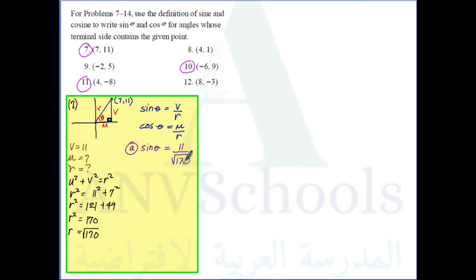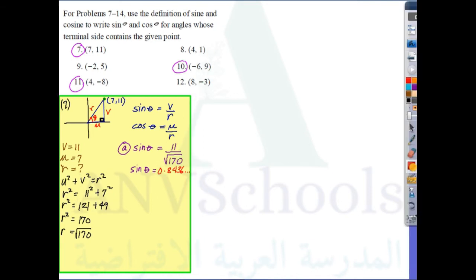So our sine theta would be 11 over the square root of 170. That will give us 0.8436. So this is our sine of theta.